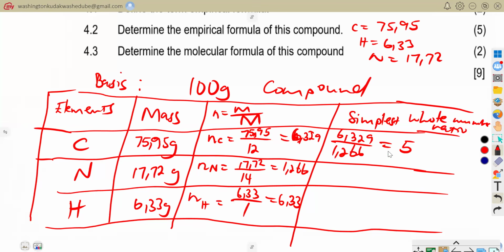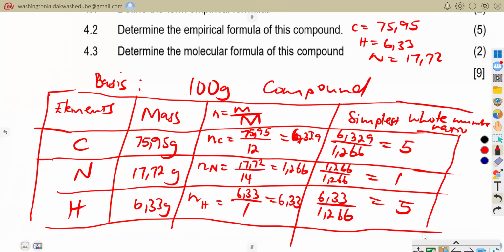Also, 1.266 divided by 1.266 gives 1. And 6.33 divided by 1.266 gives a whole number of 5. So this is the simplest ratio that you are going to find out of your compound.